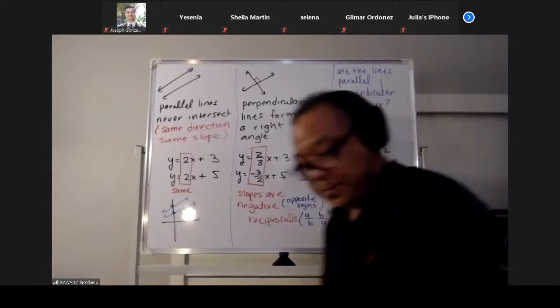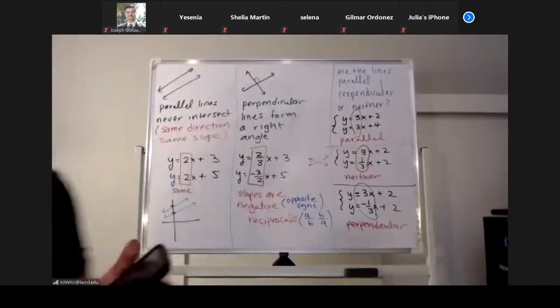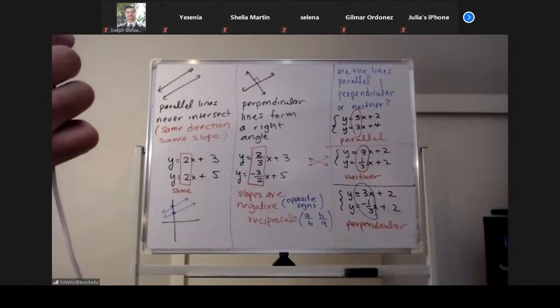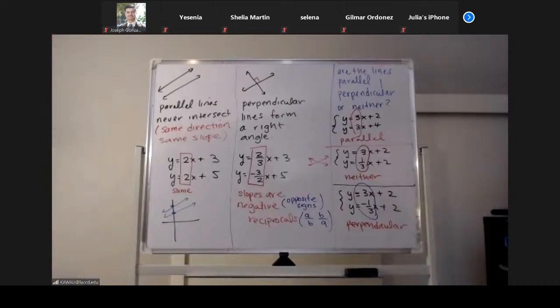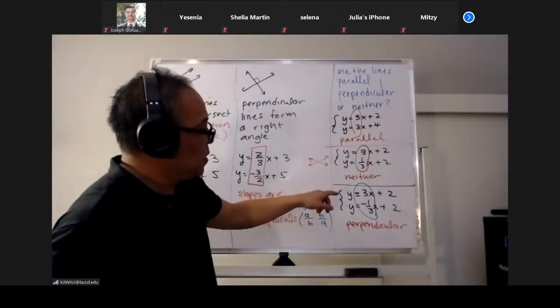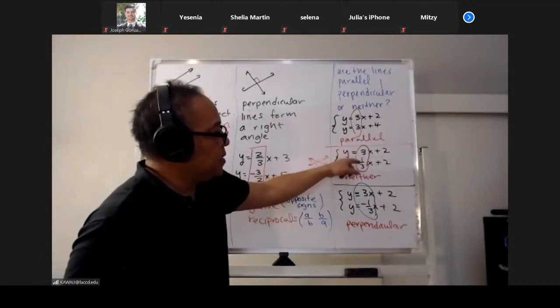Professor? Mm-hmm. So to completely understand, the parallel one that you just made, because the slopes have the same sign, and then the neither is because there's not a negative or anything. Exactly. These are the same sign.